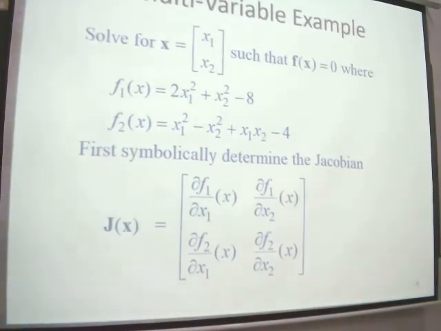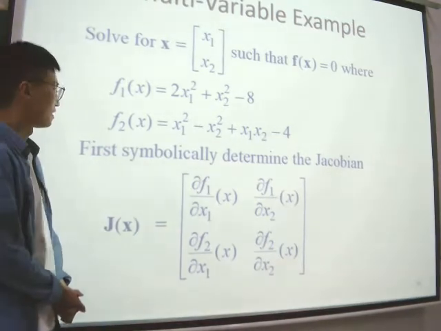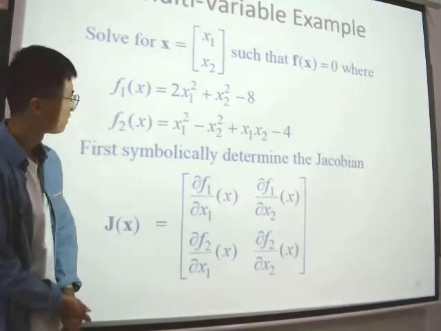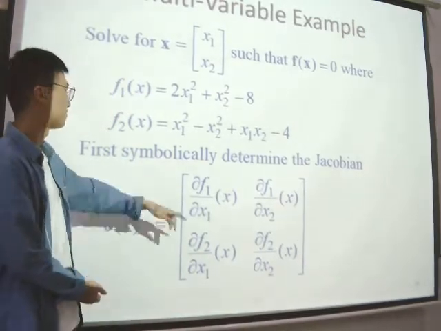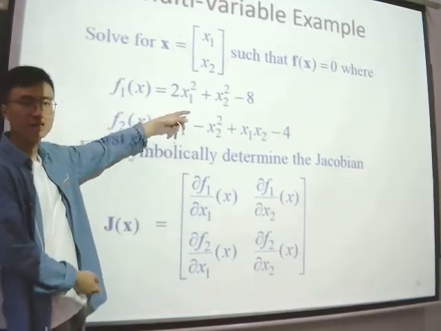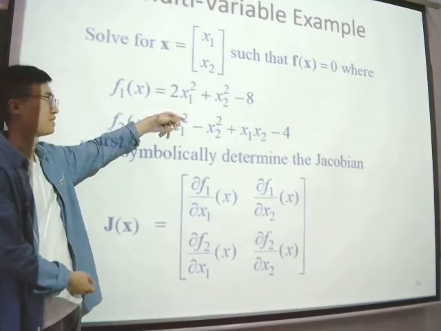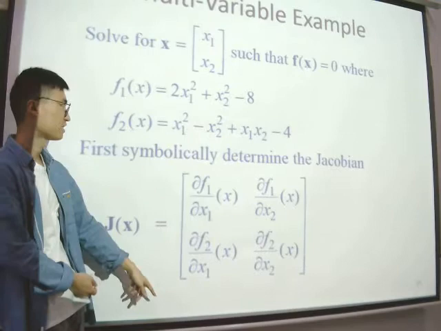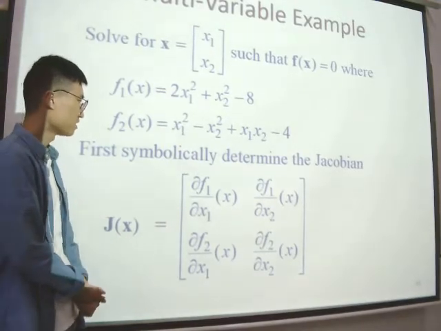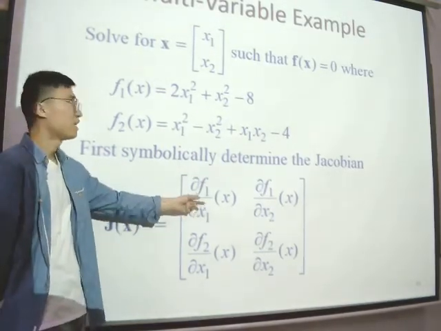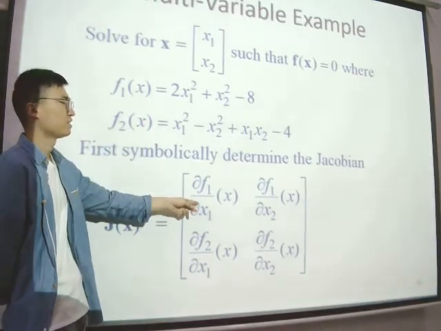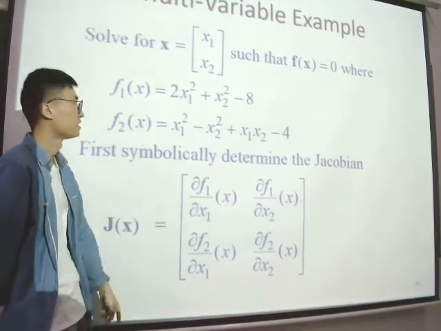So, symbolically determine the Jacobi matrix. Everybody should know how to calculate the differentiation. For f1, we take the derivative with respect to x1.